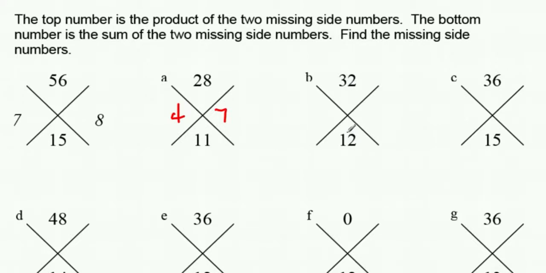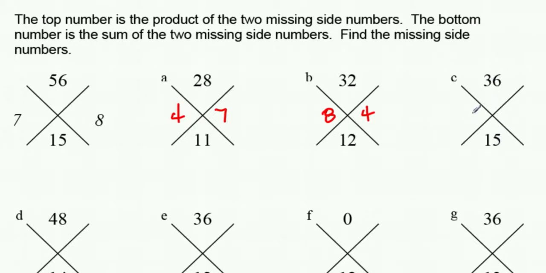So we have 32 and 12. You want to find factors of 32 which will have a sum of 12. In this case, it would be 8 and 4, because 8 times 4 is 32, and 8 plus 4 is 12. Next, factors of 36 which will have a sum of 15.